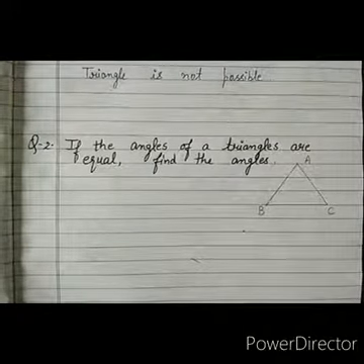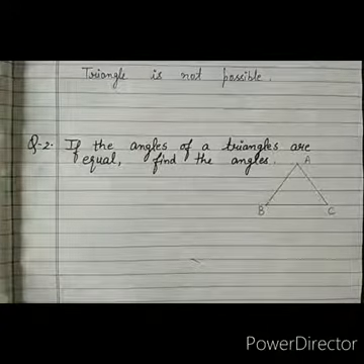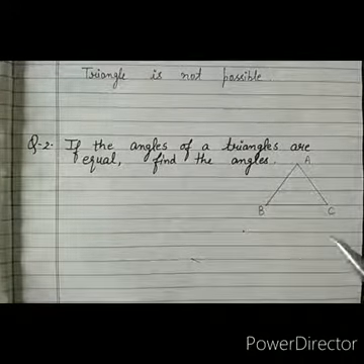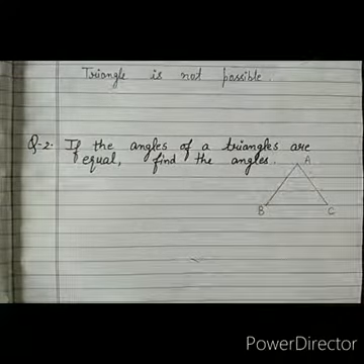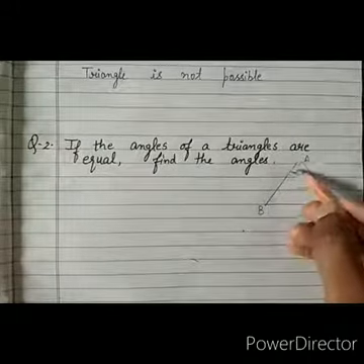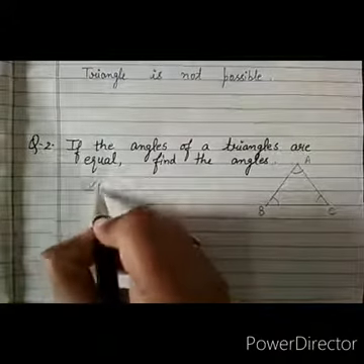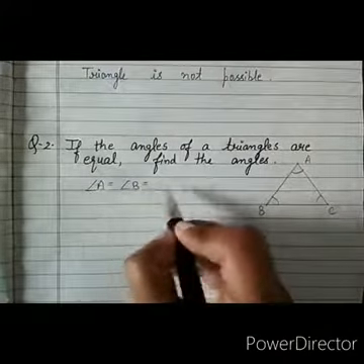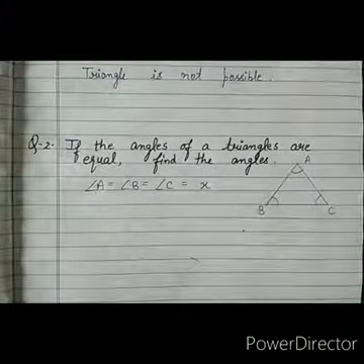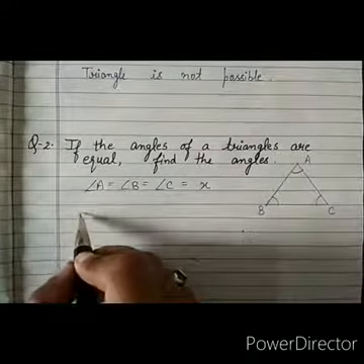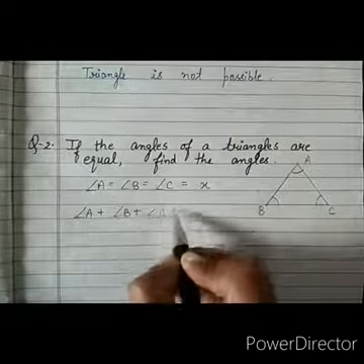Next, question number 2 is, if the angles of a triangle are equal, find the angle. First of all, make a rough figure. This is the triangle ABC, and in the question it is given that all the angles of the triangle are equal, that is, angle A is equal to angle B is equal to angle C. And let all these angles be equal to X. We know the property of a triangle, which says that the sum of interior angles is equal to 180 degrees.